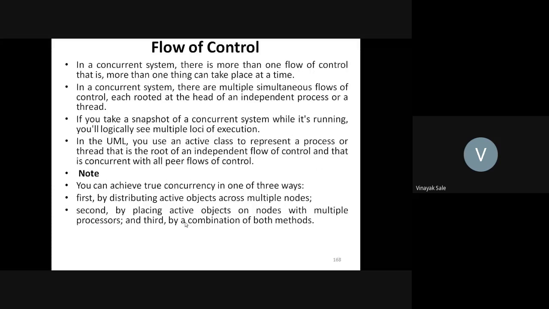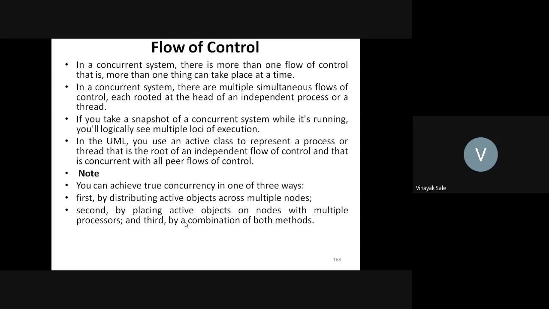In a concurrent system, there is more than one flow of control, and more than one thing can take place. In sequential it is only one at a time, but in concurrent flow, there is more than one control flow at the same time. In a concurrent system, there are multiple simultaneous flows of control, each rooted at the head of an independent process or thread.